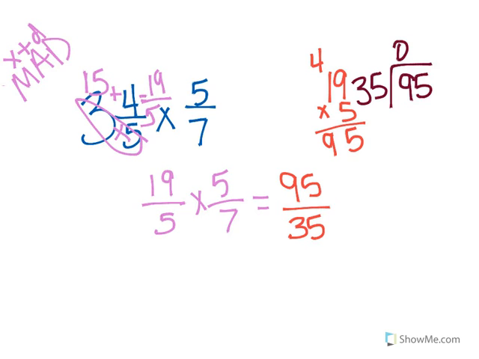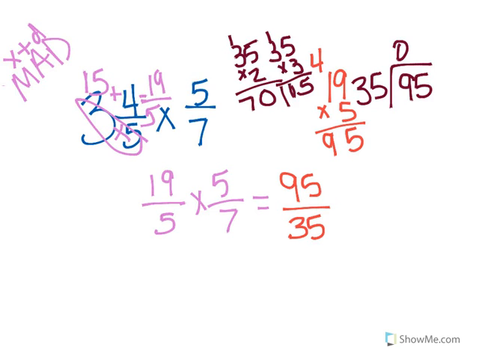So how many times could that go in there? Let's see. 35 times 2 is 70. So 35 times 3, 3 times 5 is 15, carry my 1. 3 times 3 is 9, plus 1 is 10, so that's too much, so it'll have to be 2, right?